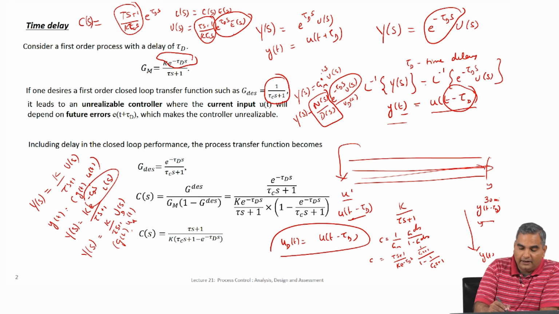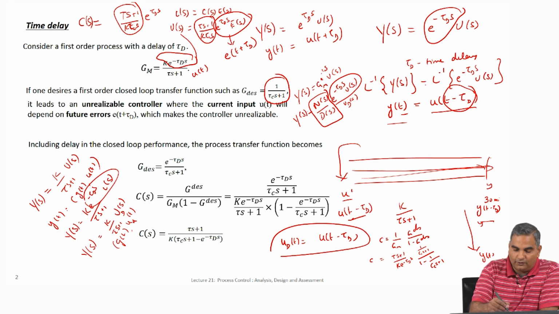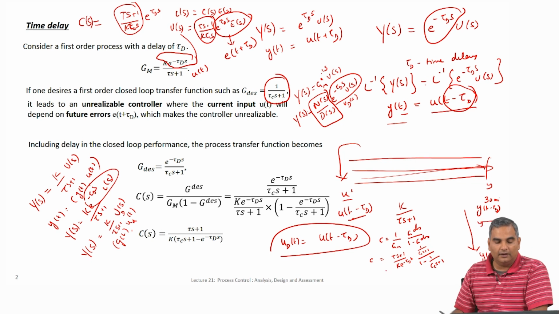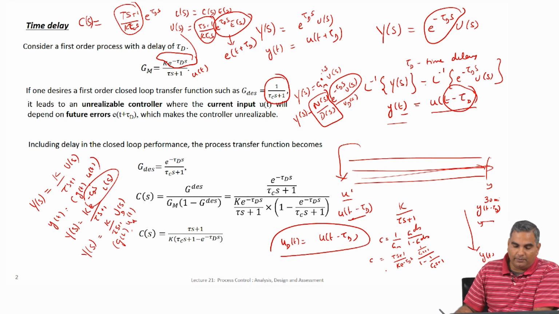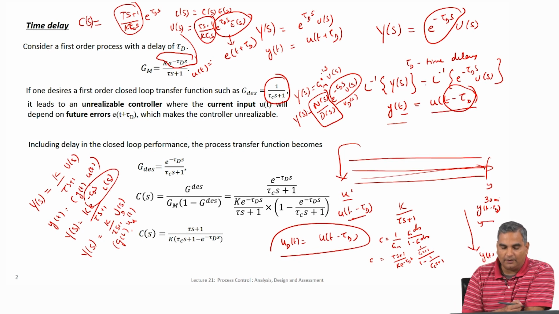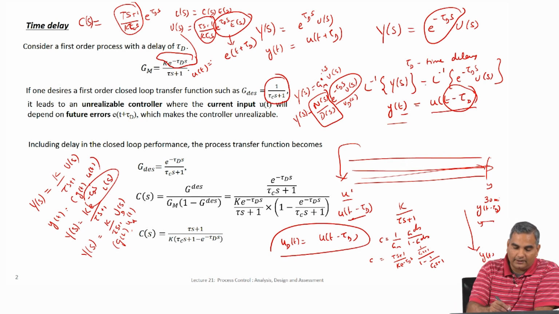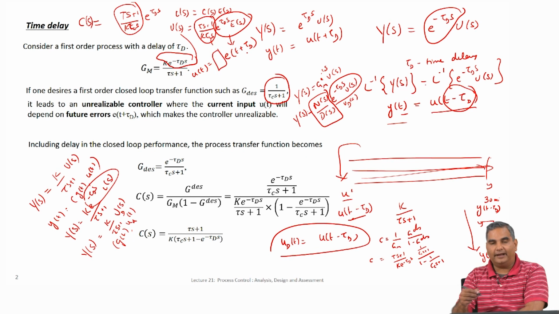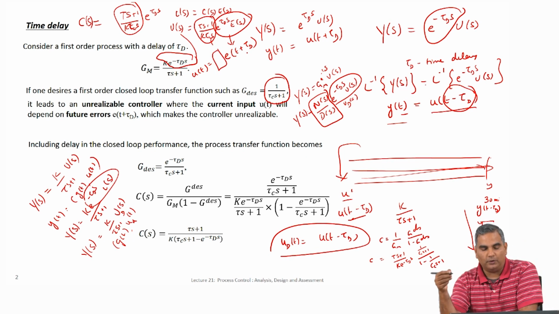That means it is acting on a time variable which is error at t plus tau d, and this is still U of t, right, because now this minus tau d s when it comes to the numerator has become plus tau d s. So basically what it says is the U of t, the current input that I need to compute, is a PI controller acting on error at time t plus tau d.